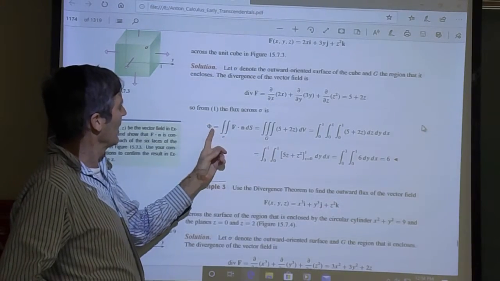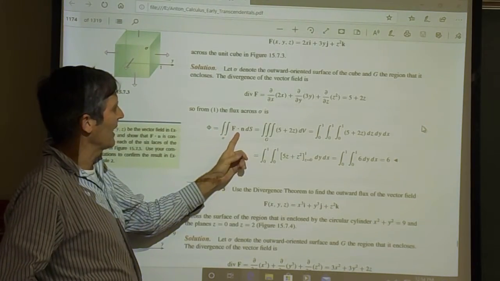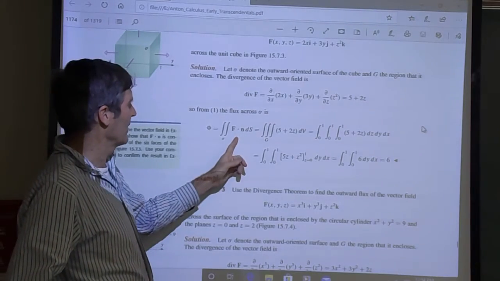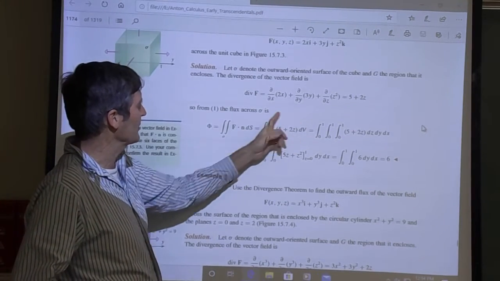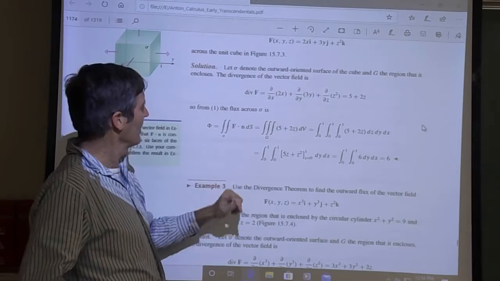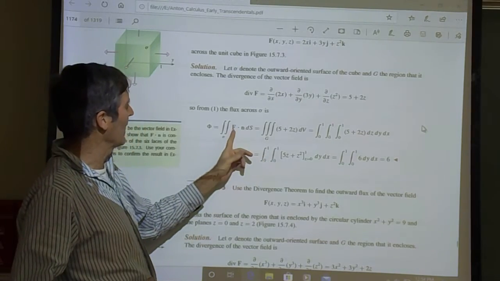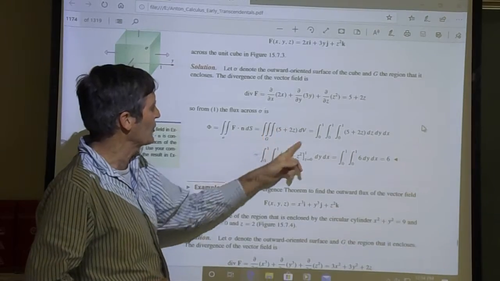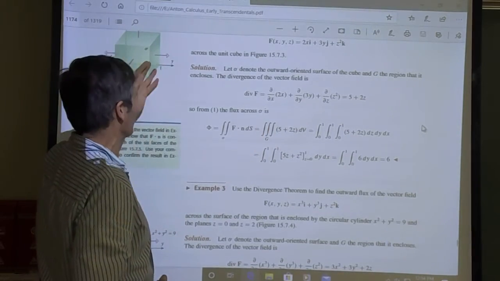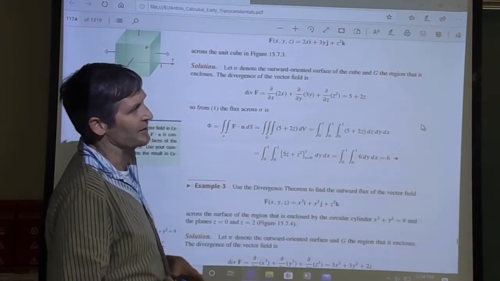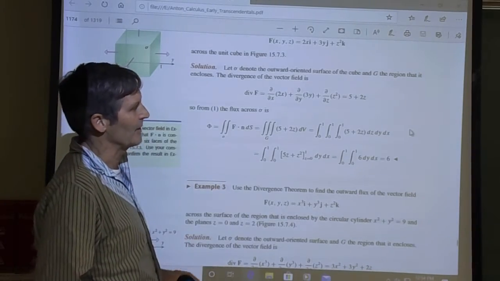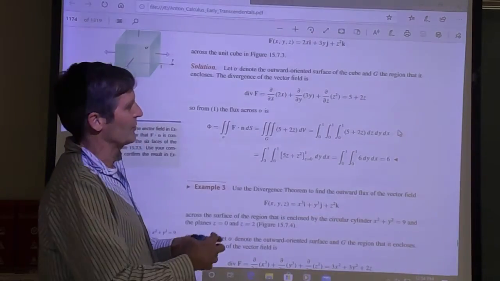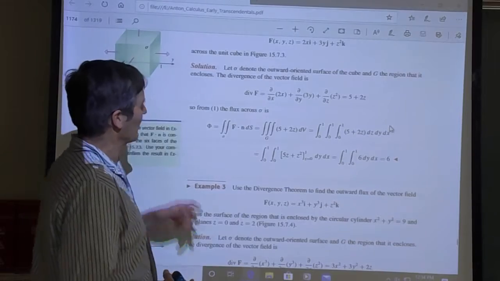So the flux, integral f dot n ds, can be calculated by Gauss's divergence theorem as the divergence of f, 5 plus 2z, integrated over the solid that has that surface as its boundary. So you have this special case where you want the flux through a closed surface that's the boundary of the solid.